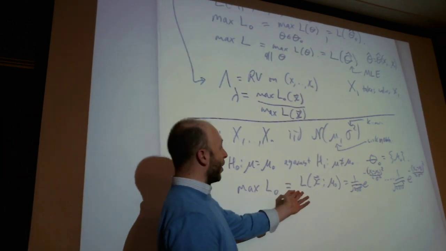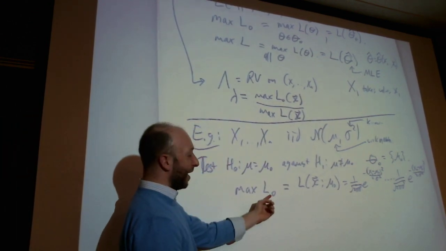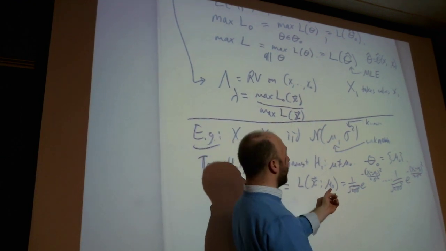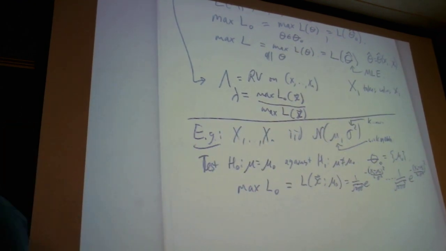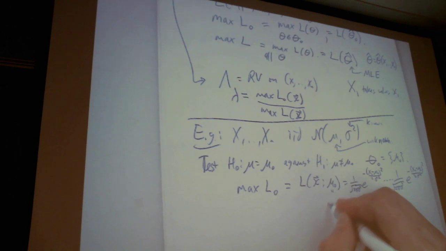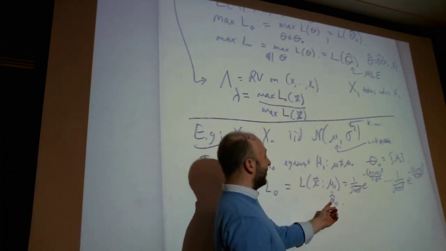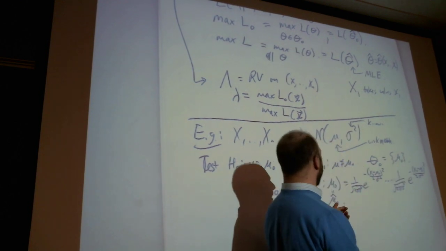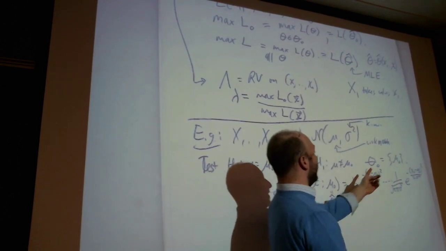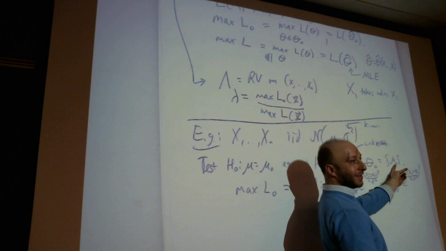So there's nothing to worry about maximizing this thing. There's only one value in theta hat, so that's the value that maximizes the likelihood in the range of the null hypothesis.